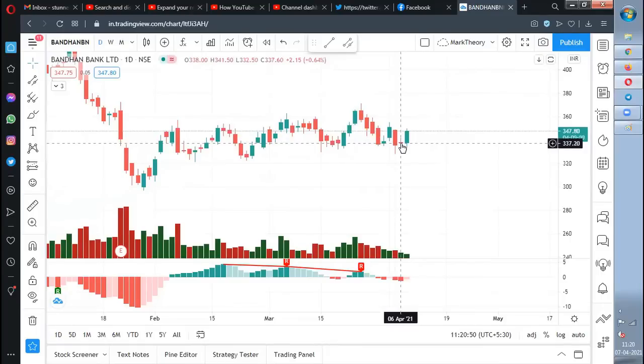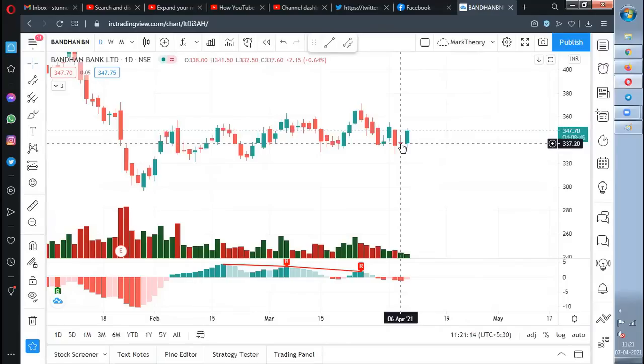And now people will ask how you were able to decide Bandhan Bank has taken support. See, I have done some manual analysis, just seeing the chart and checking what is happening, which one is weak and which one is doing good and all those things. And one more hint I gave you: in the Telegram channel, if you go and see, I had told to sell Nifty and buy Bank Nifty.